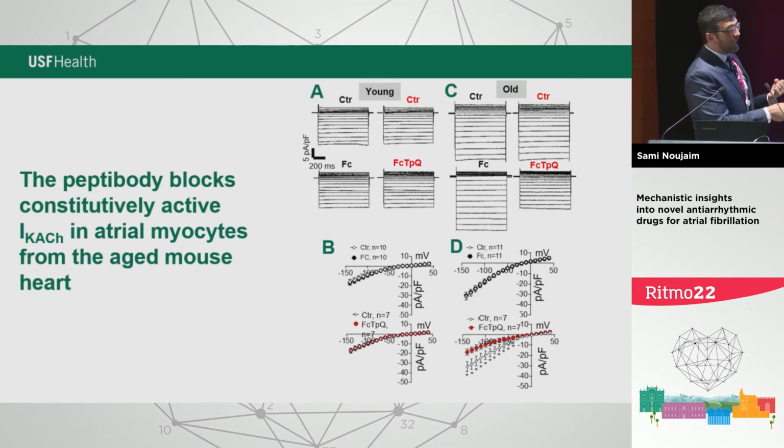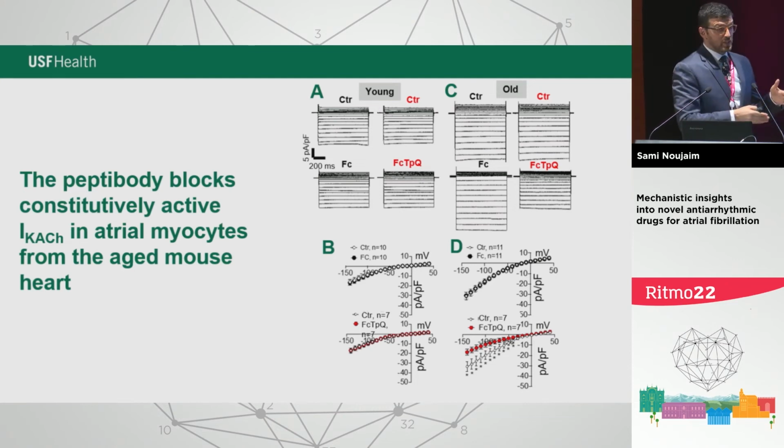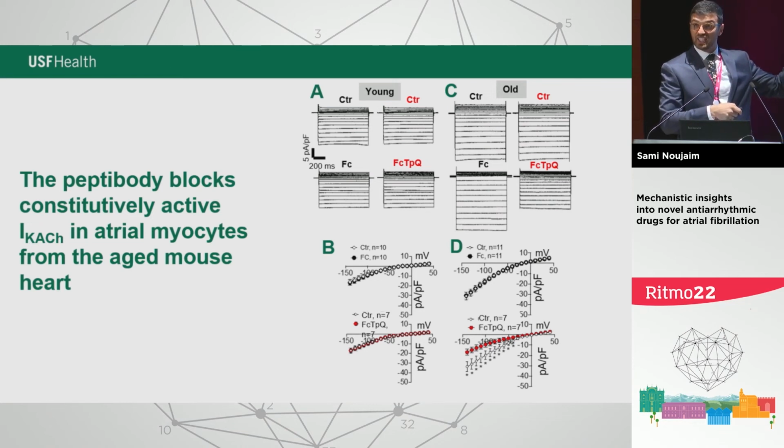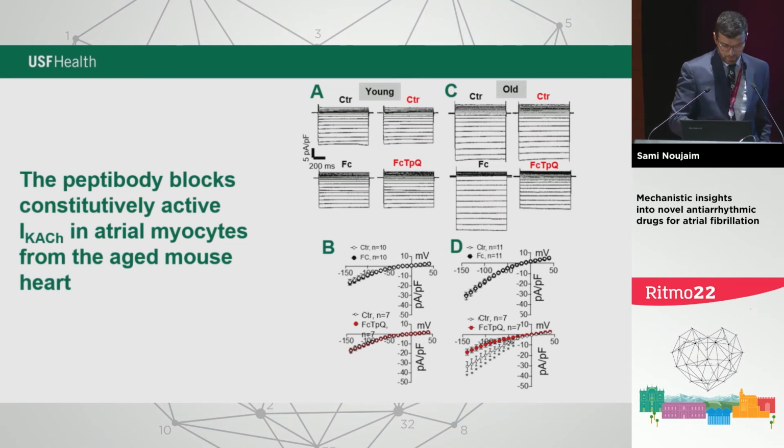But then when we took an atrial myocyte from an old animal, we applied the Fc fragment. Again, nothing happened. But when we applied the peptibody, there was a dramatic decrease in the current. And there is no carbachol challenge here. It's just the constitutively active IKACH that is present. And these are the IV curves of several cells, one of which is illustrated here.